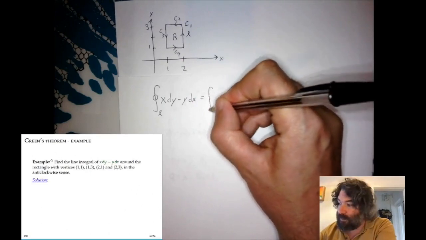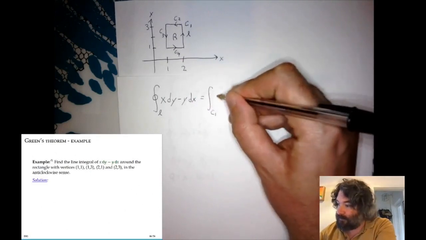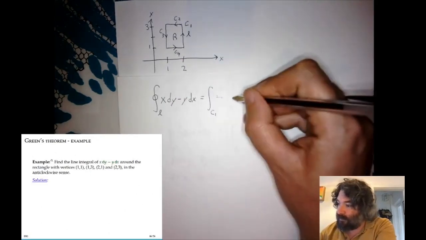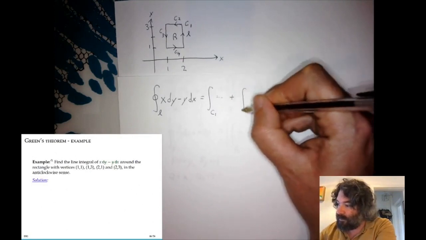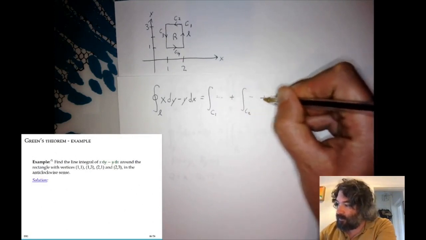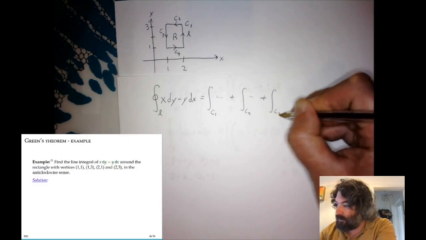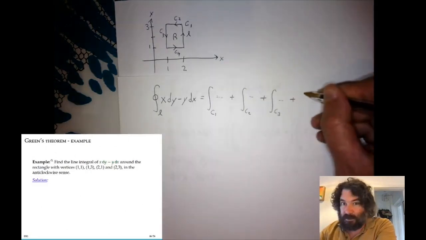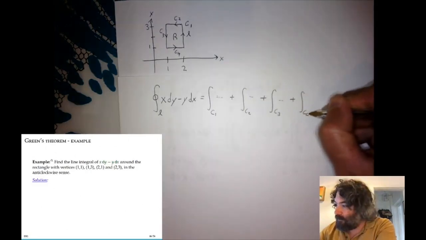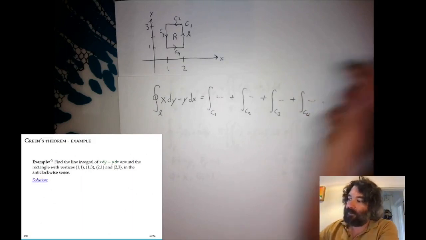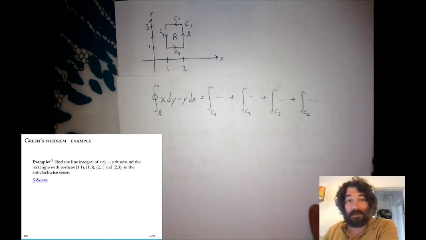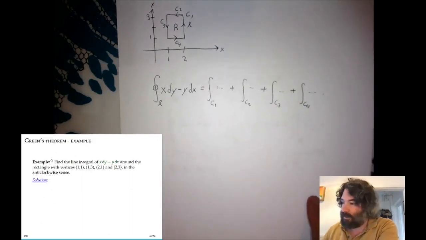So the integral over C1 of the same differential form, which I won't write out again, plus the integral over C2, plus the integral over C3, plus the integral over C4. All right, so we'll do them all separately and check that they all add up to 4, as they should.